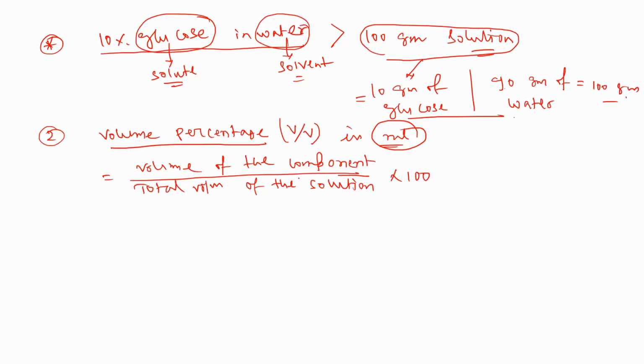So we have described the solution in the mass percentage, where there was the mass in gram. Here we are describing the solution in the volume percentage, that means we have to describe the volume in ml. So let us consider an example: a 10% ethanol in water.